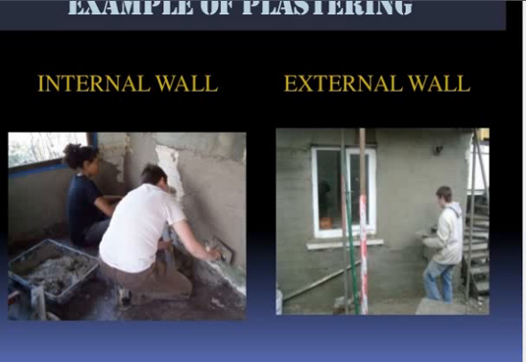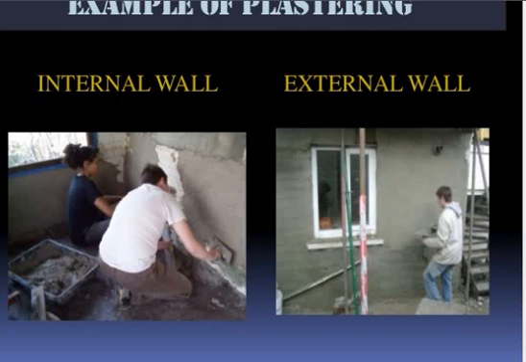In this slide, we talk about examples of plastering. As mentioned before, there are two types of plastering: internal wall and external wall, and then internal plastering and external plastering. We divided the plastering according to the wall, internal and external.